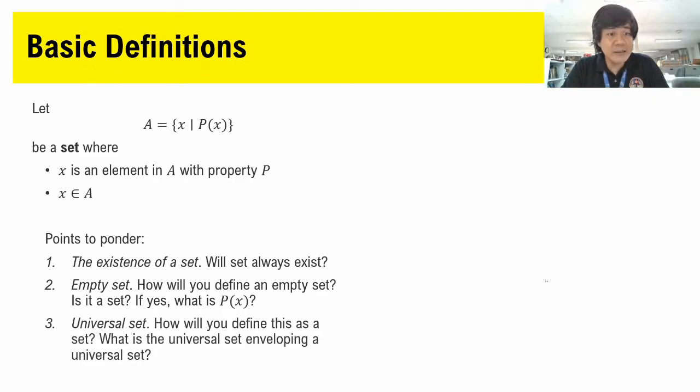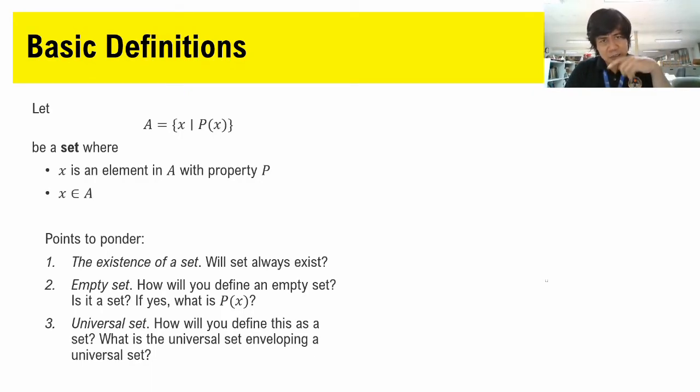Then finally, what is a universal set? Is this really a set? What is the universe of the universe? What covers the universal set as a superseding set? So these are the questions that you can think about given this definition.